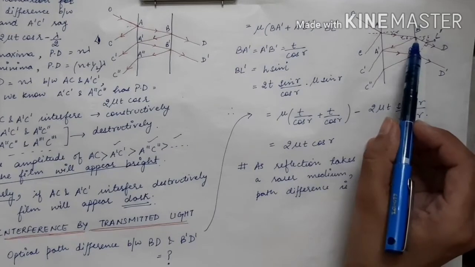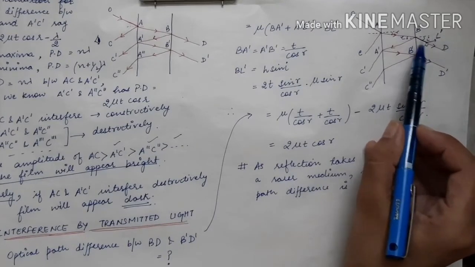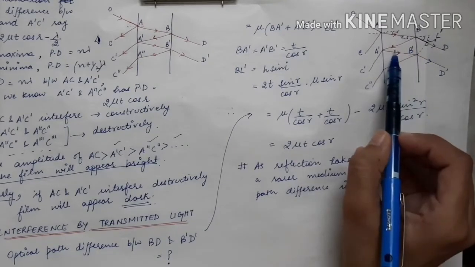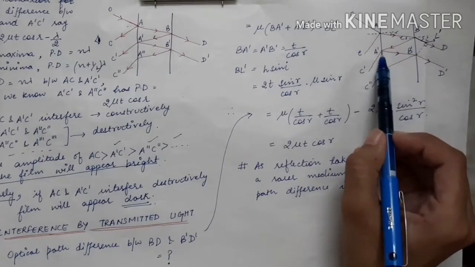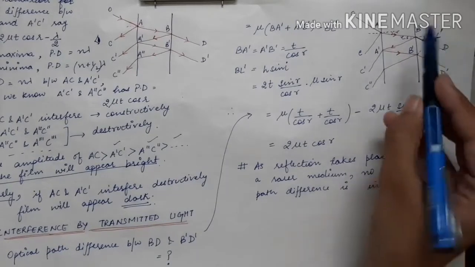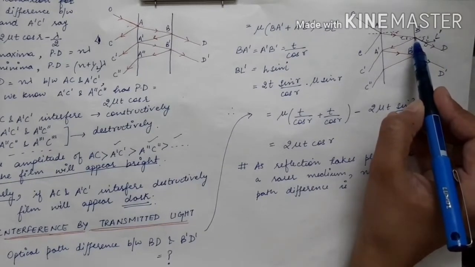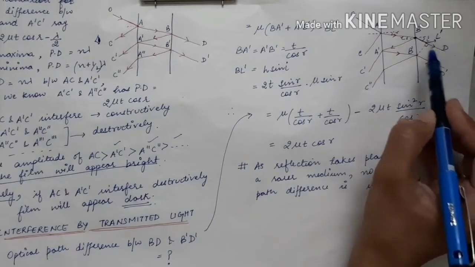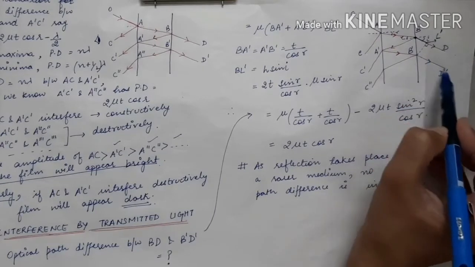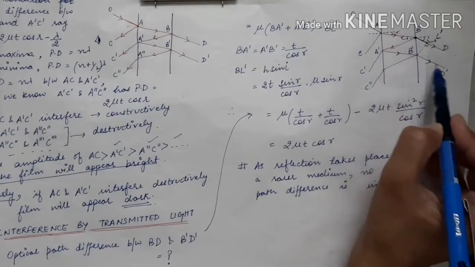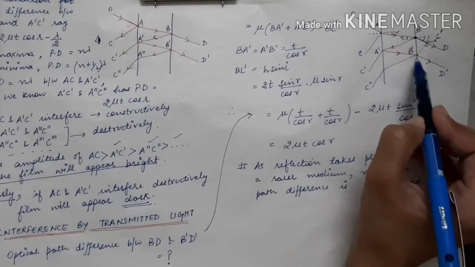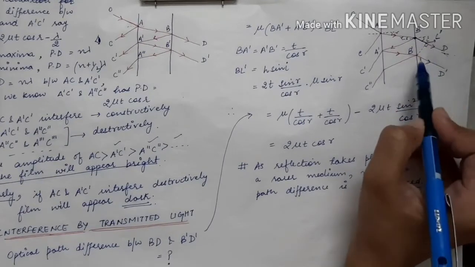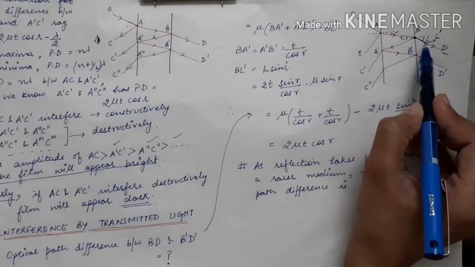The difference will be the path travelled by the B prime D prime ray inside the film, and that path is BA prime and A prime B prime, because the two rays are getting split at point B. This is the first transmitted ray, and the other transmitted ray comes after travelling inside the film. So this is the extra path travelled by B prime D prime, and the extra path travelled by the ray BD is BL prime.